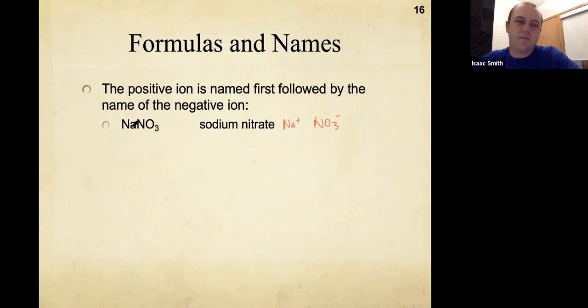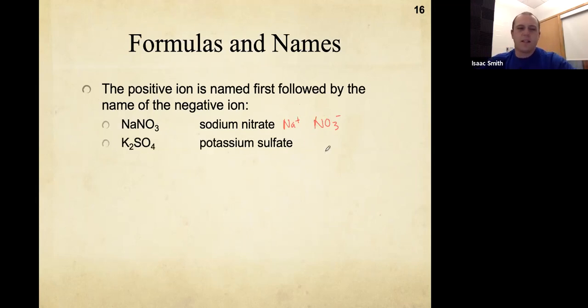To put these together is pretty simple: sodium nitrate, a 1-to-1 ratio. Then you might have potassium sulfate. Potassium has a +1 charge, and sulfate is SO4 with a 2- charge. So you need 2 potassiums for every sulfate. You're going to write potassium with subscript 2, and then put your sulfate afterwards.